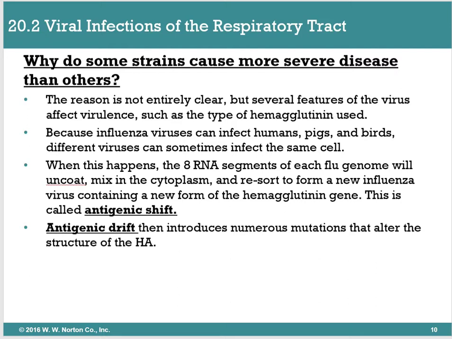Okay, so why are some flu viruses more severe and cause harsher disease compared to others? The whole reason that we talked about before is antigenic shift and drifting. I'm going to be using influenza as the context.